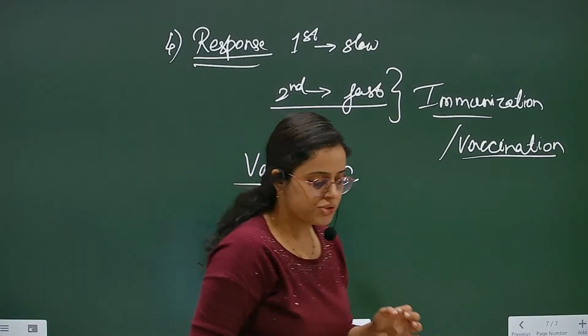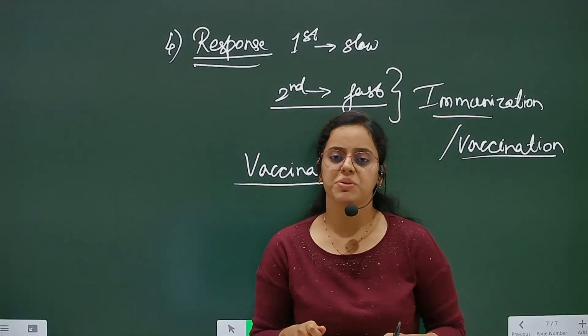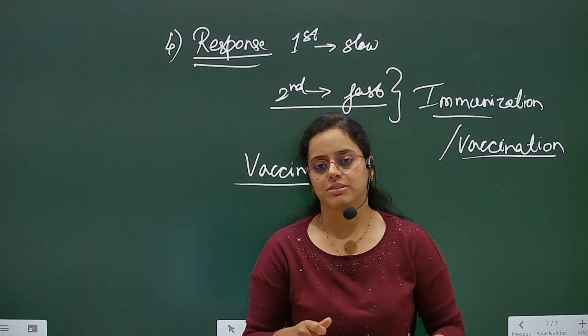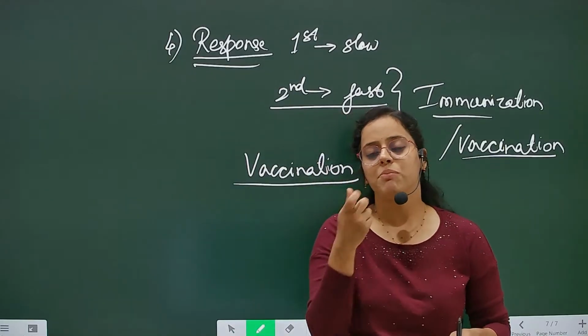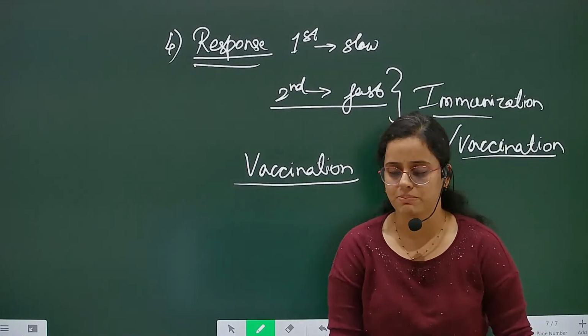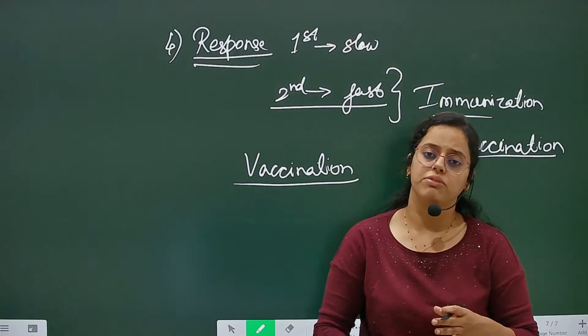Vaccination, the pathogen. Initially, the dead pathogen, which means the pathogen is killed. Suppose let us take a virus, polio virus. What does polio virus cause? It causes paralysis of the lower limbs, or you can say undergrowth of the lower limbs.